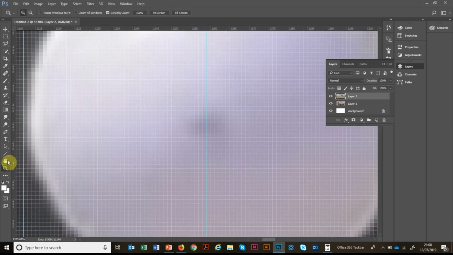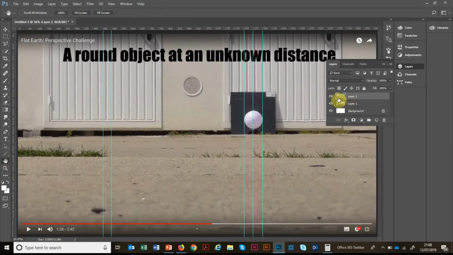Okay, that's pretty central. So if I now look at the pixel width between those two lines, let's just draw a box. The width is 758 pixels.